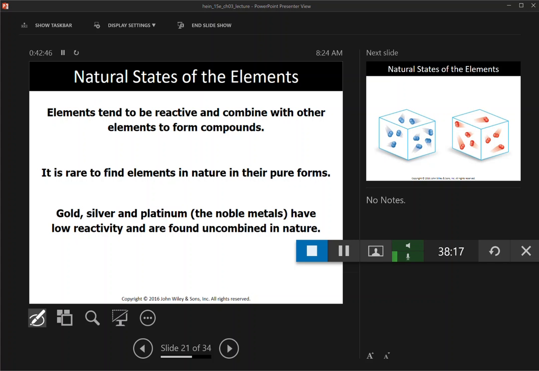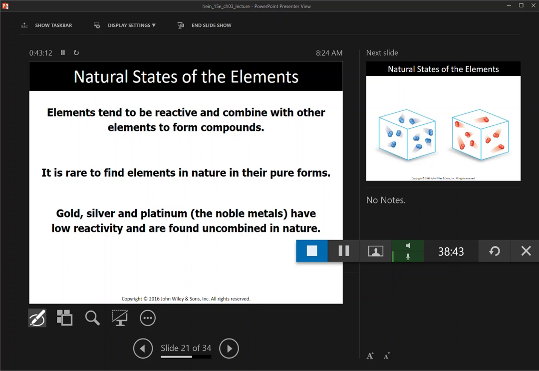Now, there are some elements and metals that are not all that reactive. It doesn't mean that we can't do any reactions with them, but in nature they're not all that reactive, and they tend to stay as elements. For example, gold, silver, and platinum. These are some of the most unreactive metals.